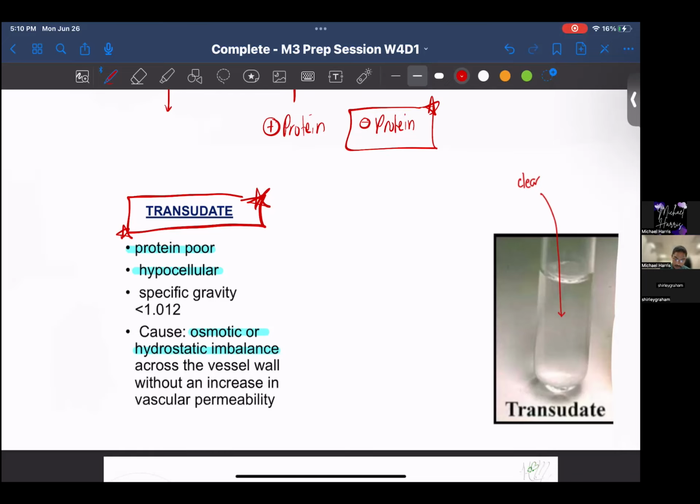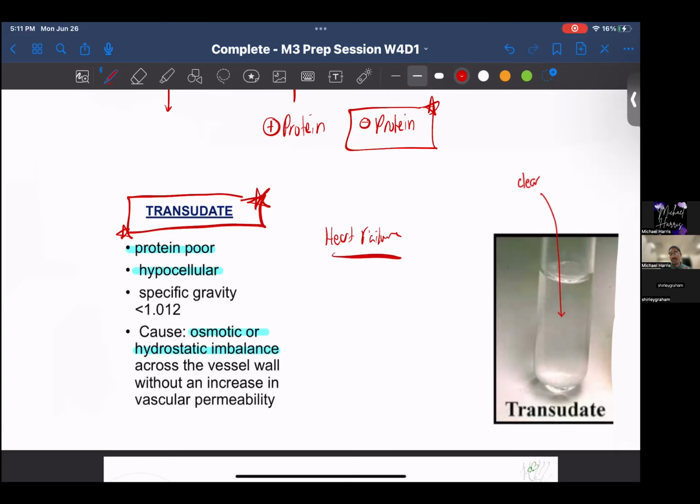So with that being said, what other big pathologies do you see this in? Things like heart failure, right? In heart failure, you have a buildup of blood backing up into the lungs, backing into the right side of the heart, backing into the venous circulation, and even backing into the lower veins of the legs, depending on how bad it is.